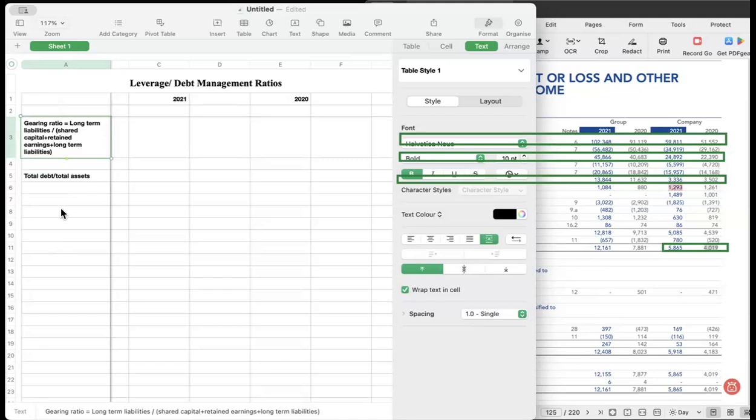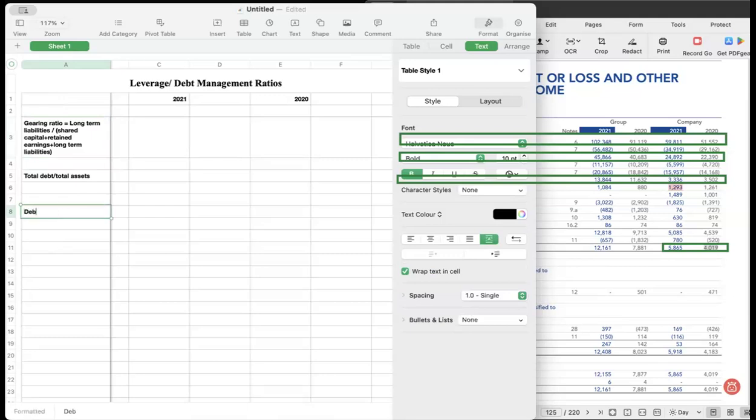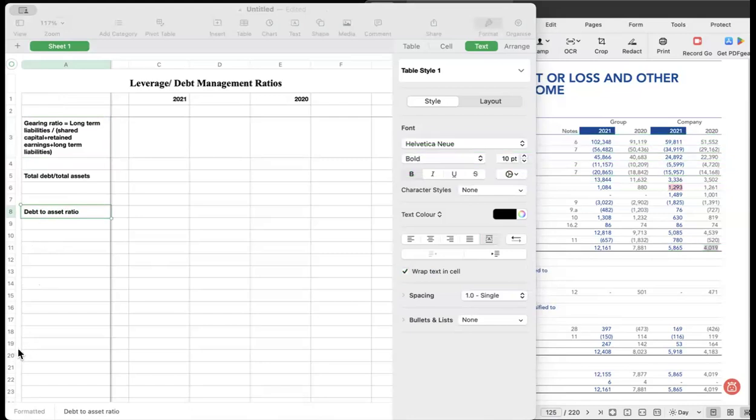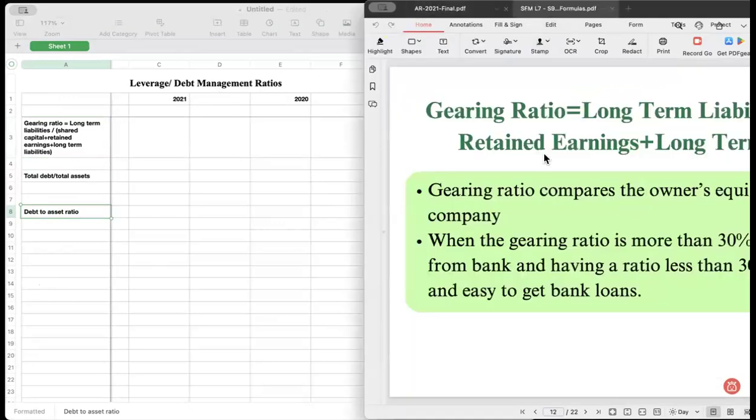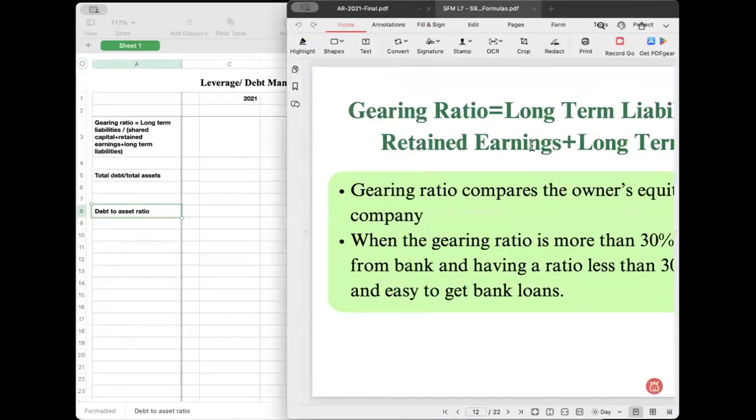And then I also told you to use the debt to asset ratio. What was the ratio that I gave you? Debt to asset ratio, I forgot. I can't remember the formula that I gave you. Give me a second. Let me check the slide. What was the formula?